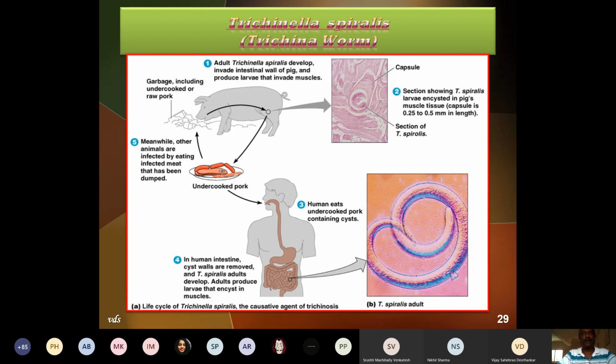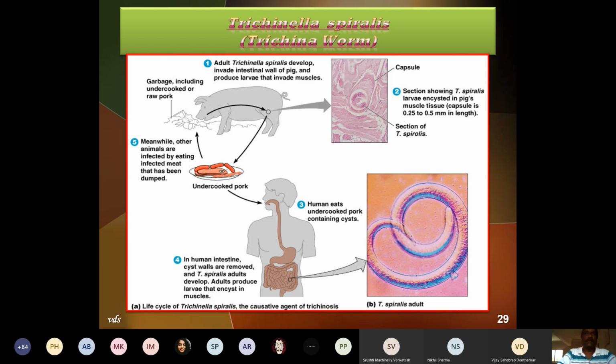Most importantly, the clinical features are more prominently seen with respect to the migration of the larval form through the blood to the internal organs, if it is an extensive infection. But if this larval form enters the striated muscles, the infection may be seen as convalescent stage.